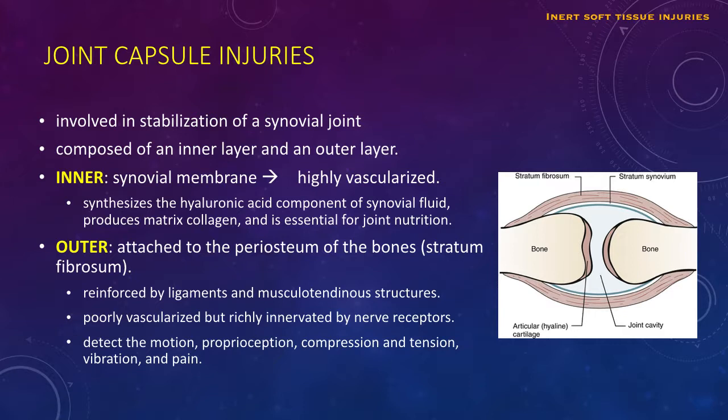So joint capsule injuries. Again, as we know, the joint capsule is part of stabilizing our synovial joints. We can have injuries to the inner membrane and to the outer membrane. The interesting thing is that these are poorly vascularized areas to begin with, so they don't get a whole lot of blood flow, which is why injuries to joint capsules can take a very, very long time to heal, especially cartilage.